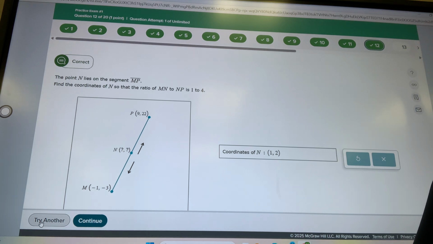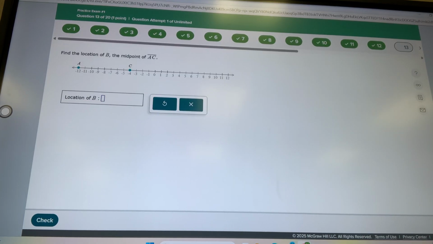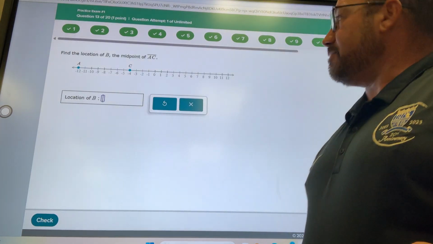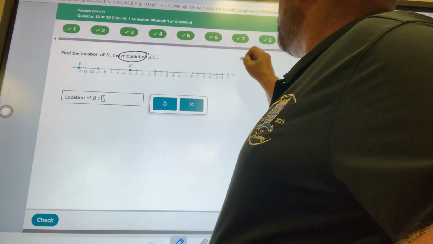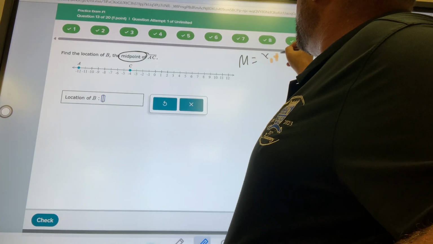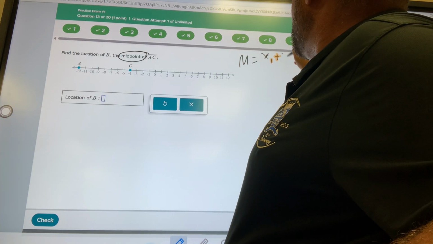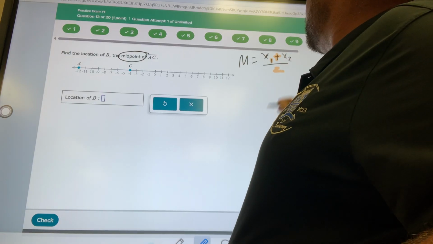Question number 13. Find the location of point B at the midpoint of AC. Keyword here, midpoint. x1 plus x2 divided by 2.